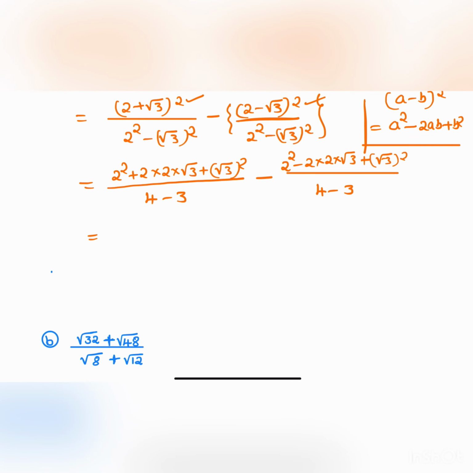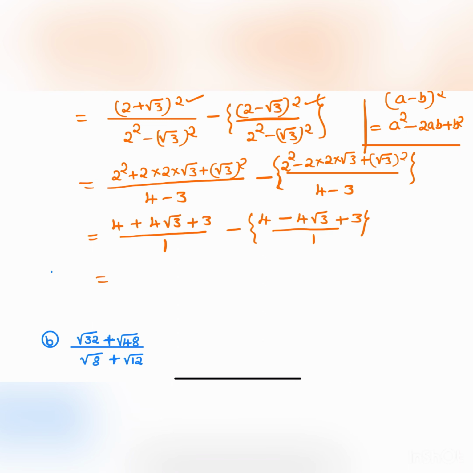And next, after simplifying further, we are going to get this as 4 plus 2 2s are 4 root 3, and root 3 whole square will be plus 3, divided by 1, minus, let me keep this bracket, 4 minus 4 root 3 plus 3 divided by 1.